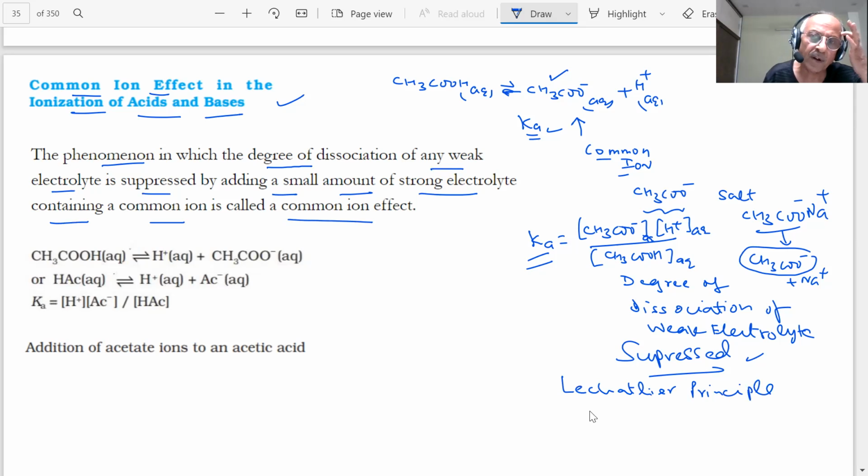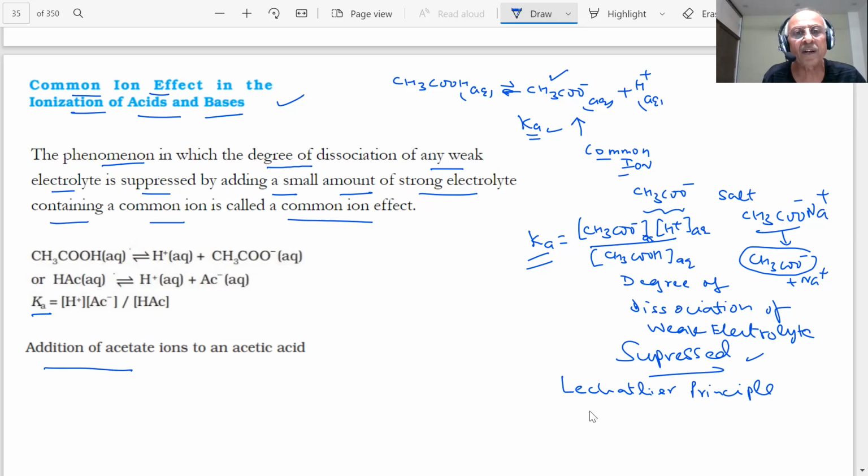As I put in more of this, the equilibrium is shifted to the back side. Here, this is the dissociation of acetic acid, and Ka is its value. As soon as I add acetate ions to the acetic acid solution, this reaction will go back. This effect is called the common ion effect. The basis we already told you, the equilibrium effect.